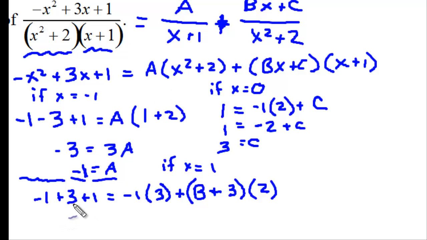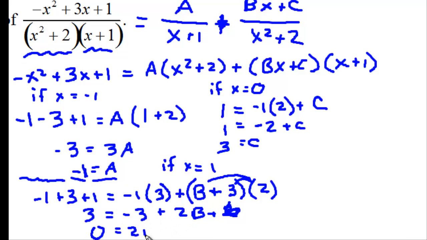Simplifying our equation, on the left-hand side we have 3. On the right hand, we get negative 3 plus, distributive property here gives us 2b plus 6. Adding 6 and subtracting 6, we get 0 equals 2b, so our b is equal to 0.